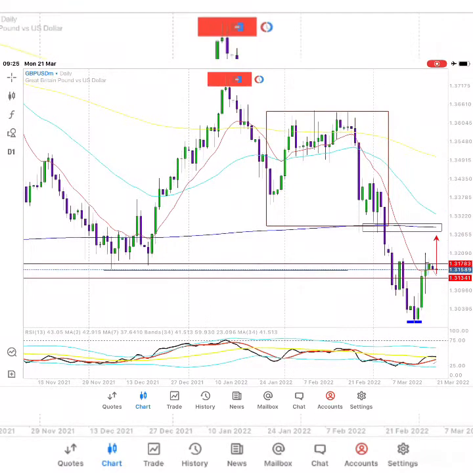Once I do that, I ask myself two questions in particular: where has price come from, and where is price now, and then what does that mean to me? That's how I create bias, guys.